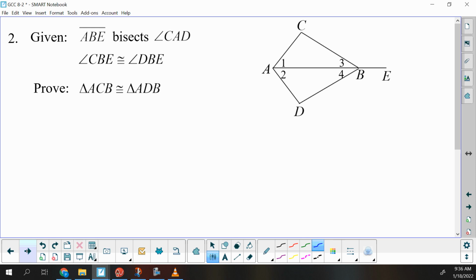All right, let's go over to number 2 on the next page. Take a minute, do your statements, reasons, and get your givens down.